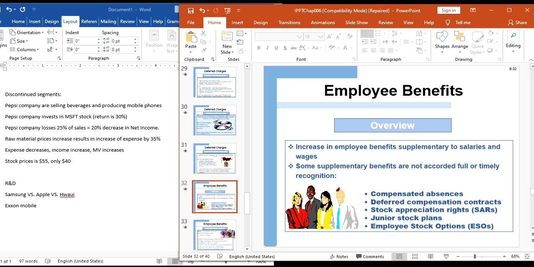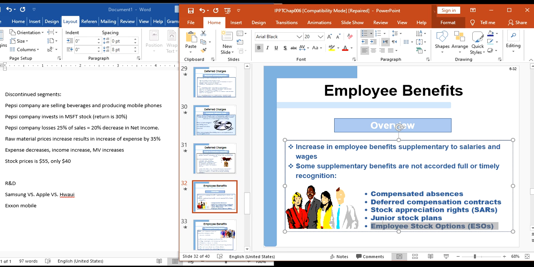Okay, so how do we do that, and what are the examples? These are the deferred compensation contracts, stock appreciation rights, junior stock plans, compensated absences, employee stock options. Okay, we stick on this to understand the rest as it's given by the book. Okay, as it is recommended by the book anyway.